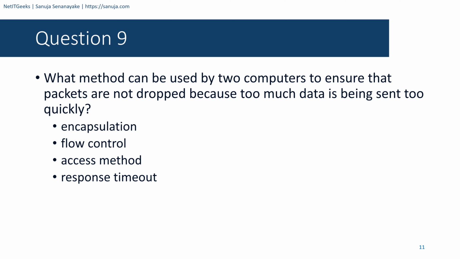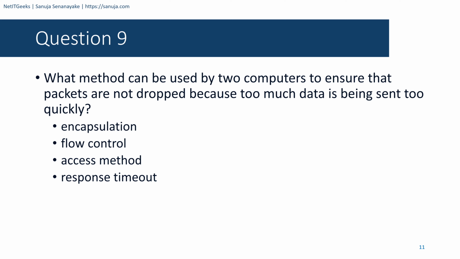In order for two computers to communicate effectively, there must be some kind of mechanism that allows the source and destination to set the timing of transmission and receipt of data. Because if there is no timing between the transmission and receiving of data, the entire system is going to get bogged down because of too much data being sent across the network.